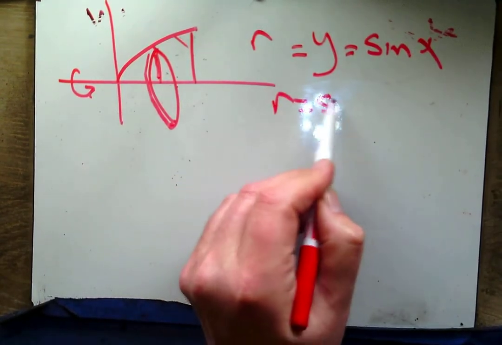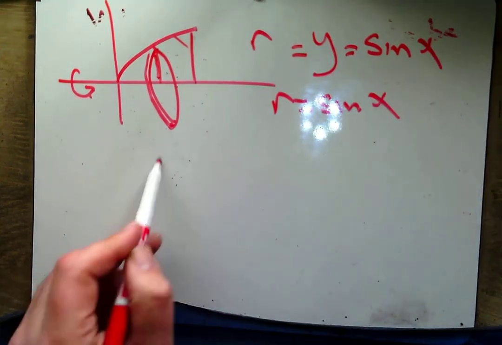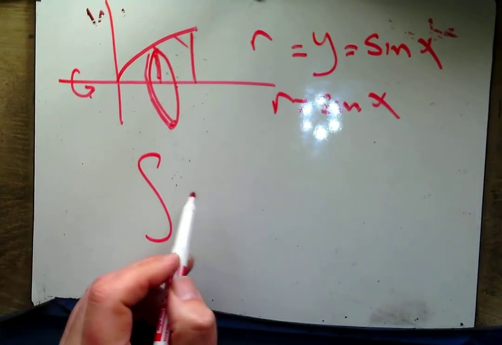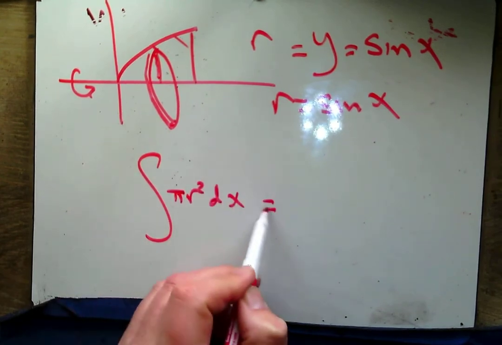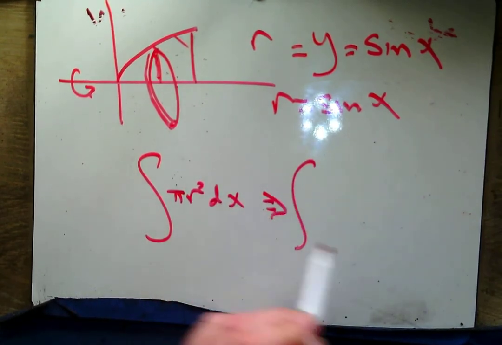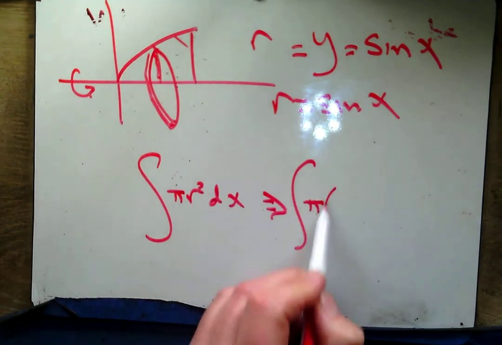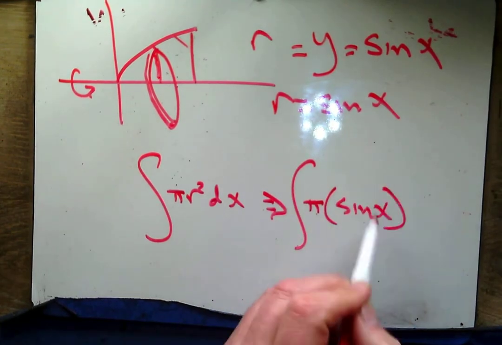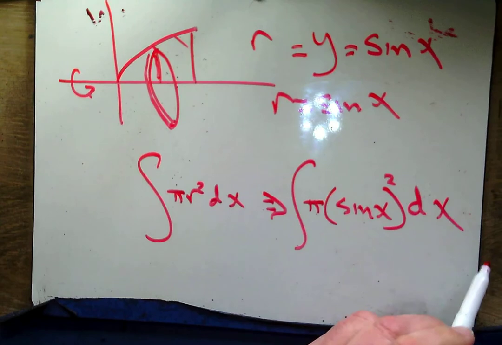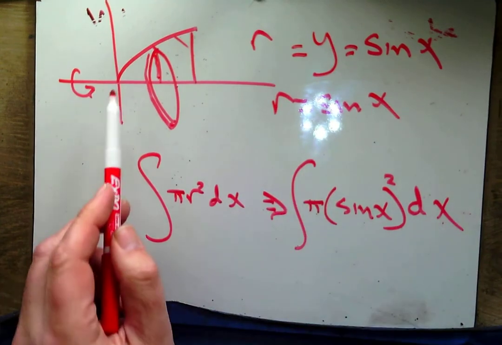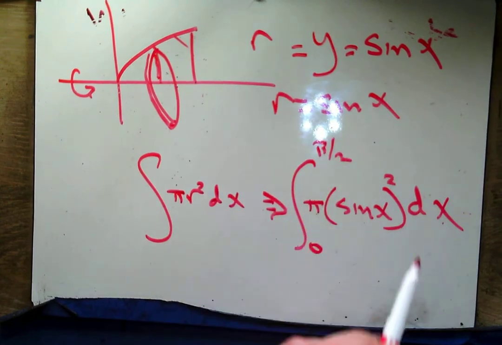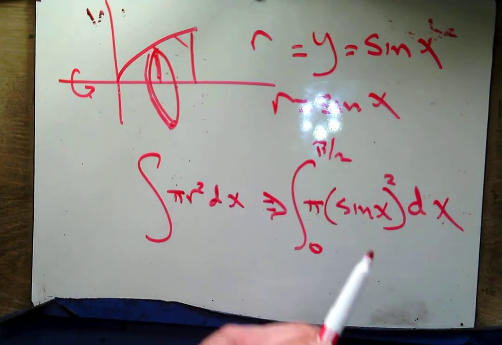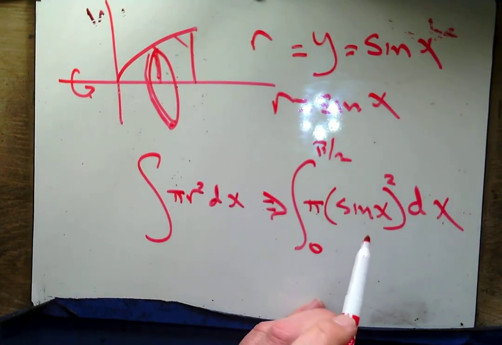So r is sine x. And I guess if I were integrating, I'd want pi r squared dx. And so I'm going to have pi sine x squared dx. And we're integrating x's, so we're going from here to here, 0 to pi over 2. And yes, I would pull that out. And yes, I would use my power reducing identity here.